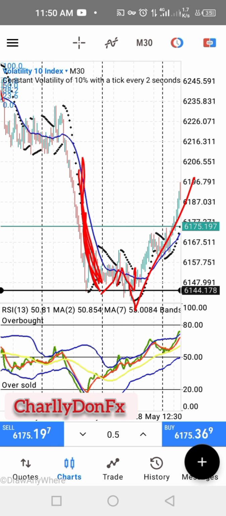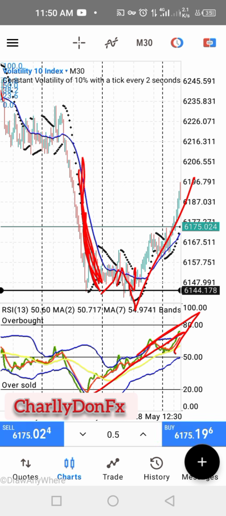Now, what is our indicator window telling us? Our indicator window was saying something else, giving us the clue to the direction of the market. Take a look, guys. The market was heading upward.